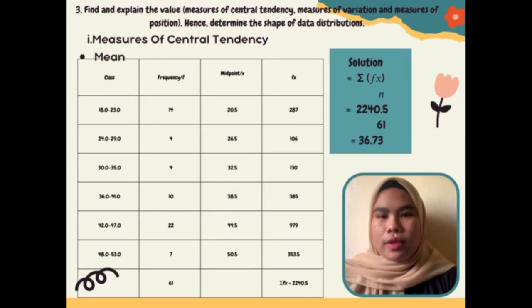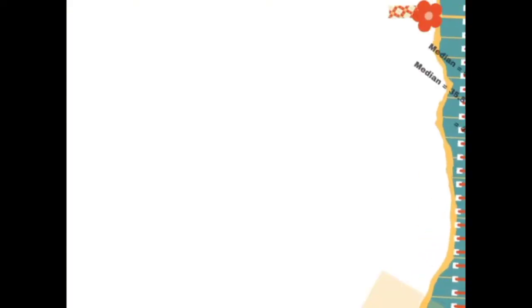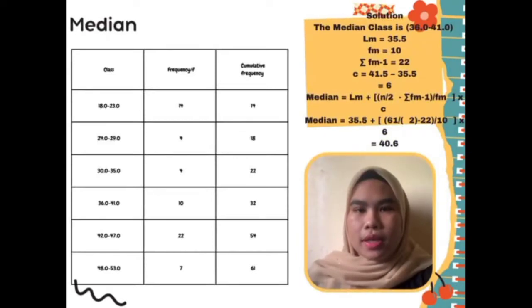The solution in the table shows the mean is 2240 divided by 61, equal to 36.73.